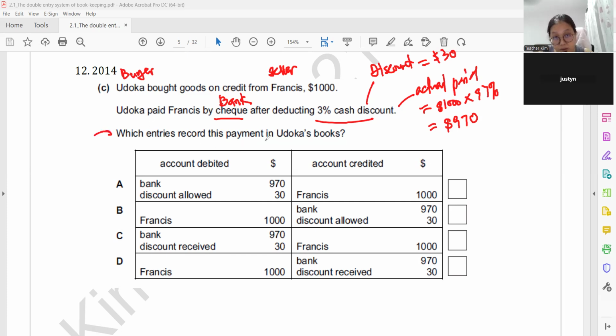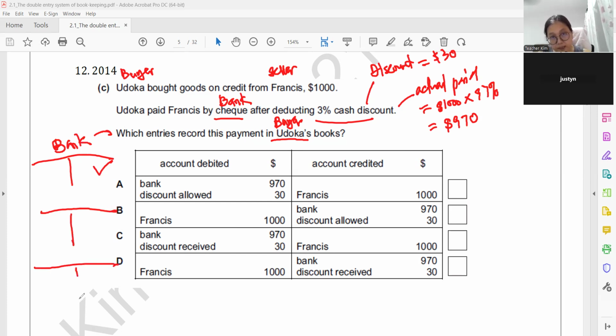Which entry records this payment in Udoka's book? That means the buyer does the recording. From the buyer's point of view, the bank is giving out the money. Okay. And from Udoka's point of view, this discount, he received the discount. Discount received.